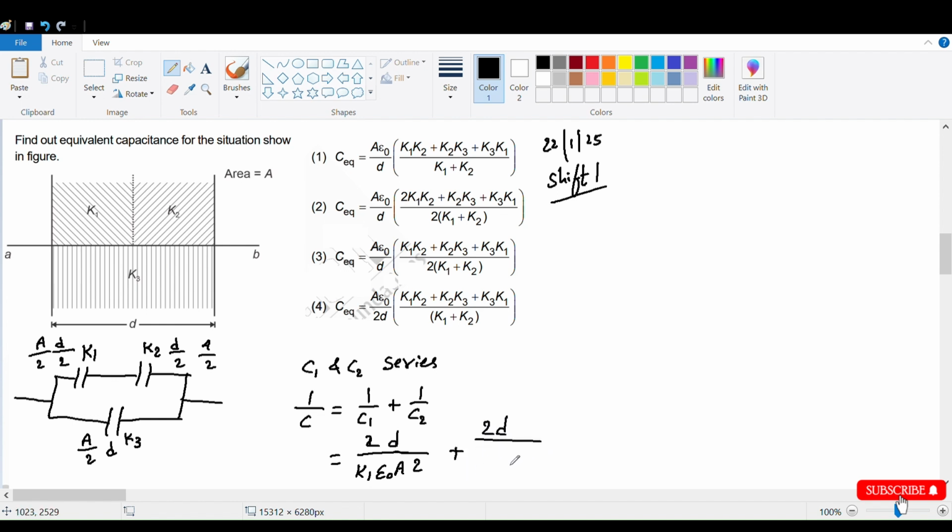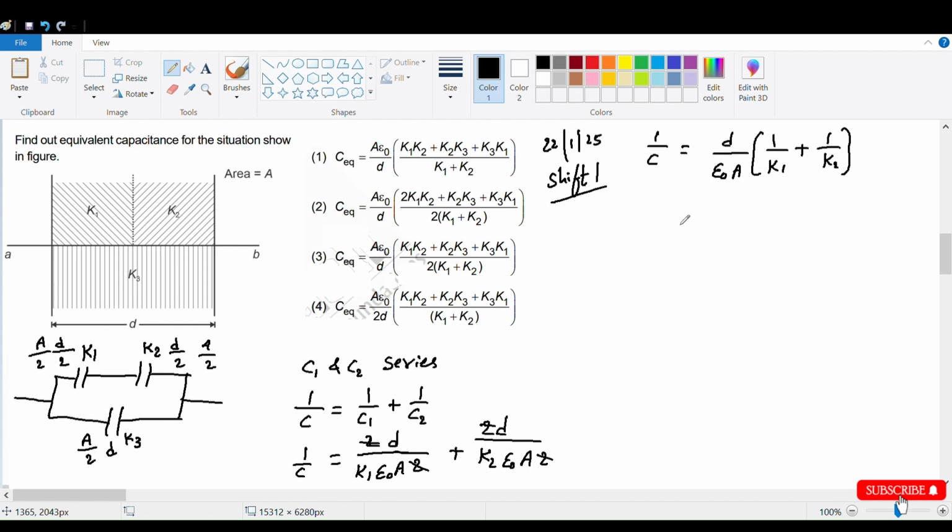For the second it is K2 epsilon naught A by 2 over D by 2. So the 2s cancel, the 2s cancel. So we will get 1 by C is equal to D by epsilon naught A common, times 1 by K1 plus 1 by K2.